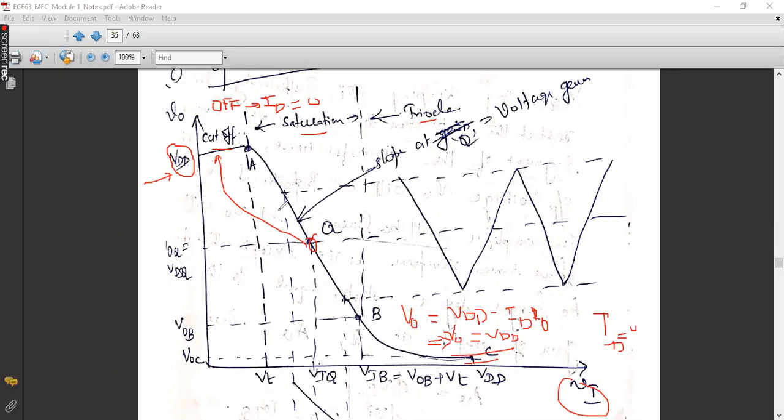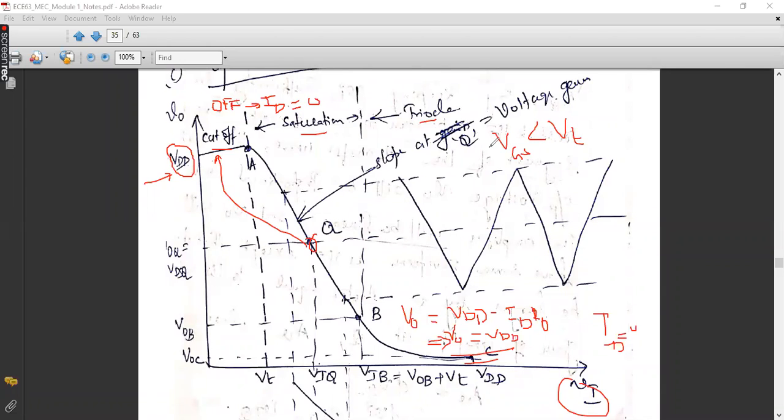Now, how to keep the Q point in the cutoff? For that, we have to make our gate to source voltage sufficiently less than the threshold voltage, as we have studied earlier. The gate voltage should be less than the threshold voltage. Only if you maintain the gate voltage sufficiently greater than the threshold voltage will the channel get induced and correspondingly the current begin to flow through the channel.